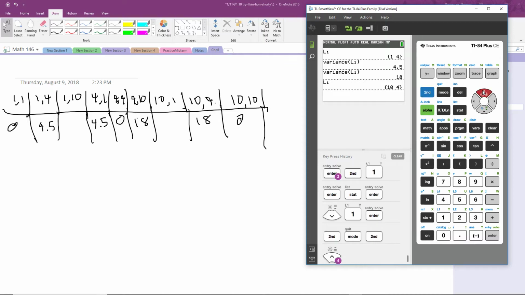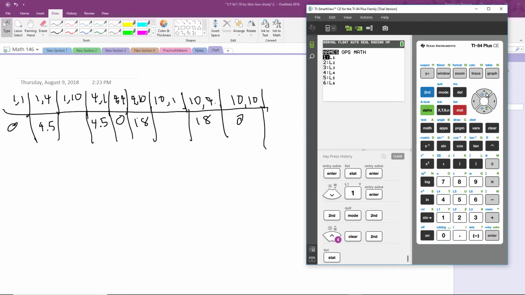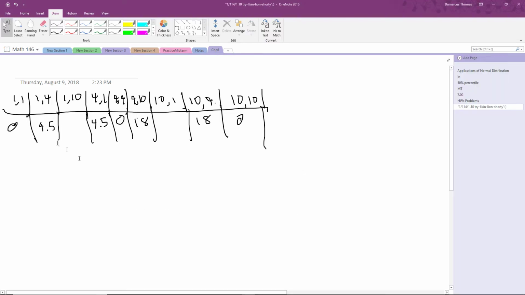I got 40.5. So I come over here, 40.5 and 40.5.